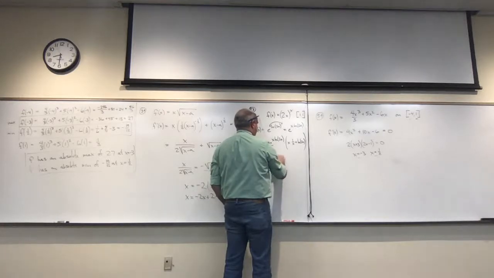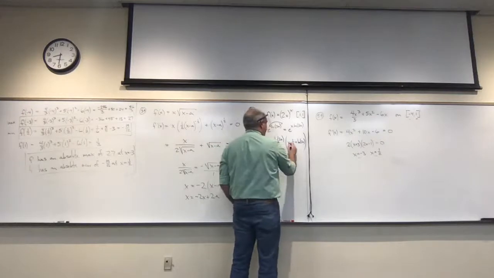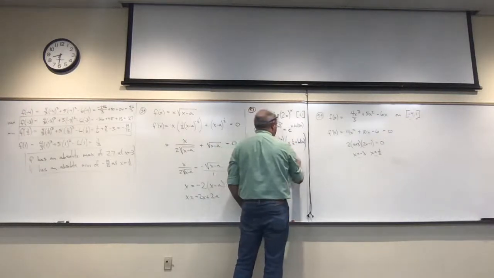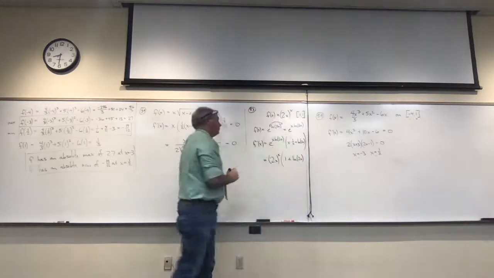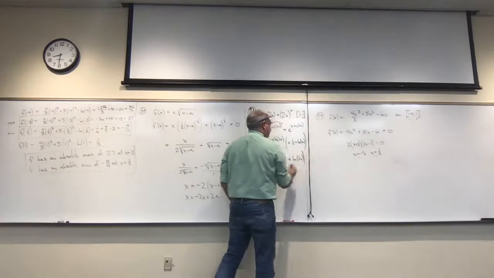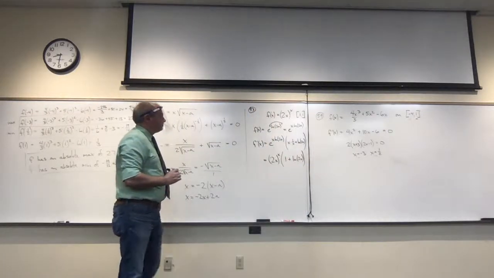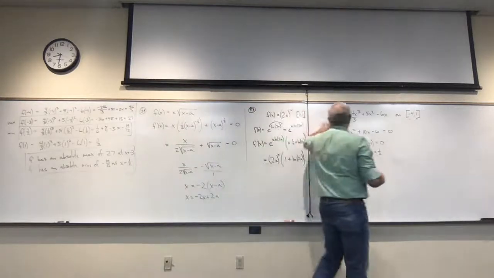And I can always change it back later if I don't like it. So this is 2x to the x. This is a 1. And then I've got plus ln of 2x. And now the question is, can that be set equal to 0 and solved for x?